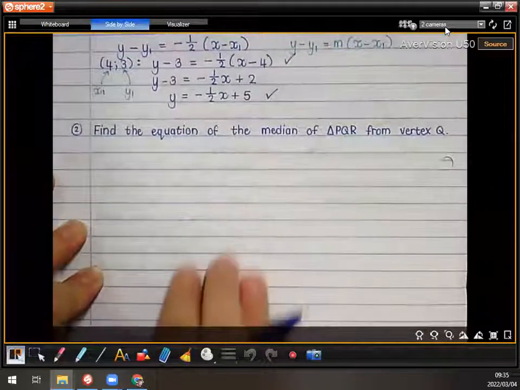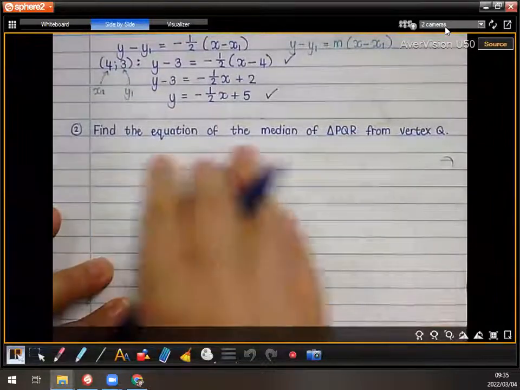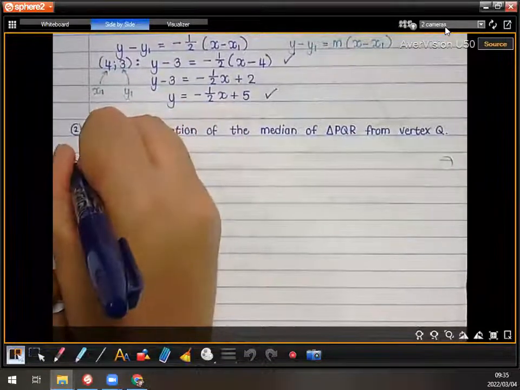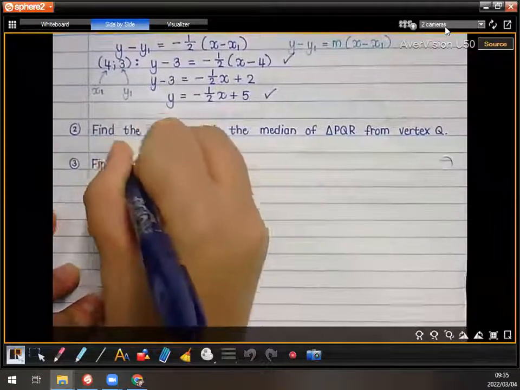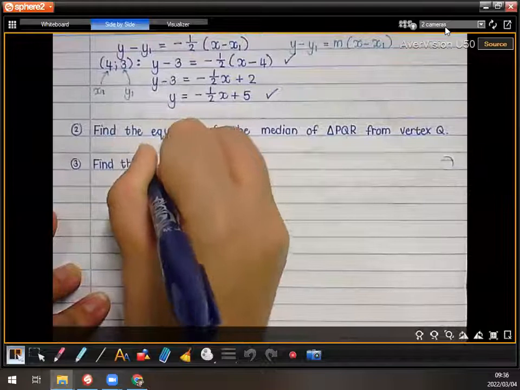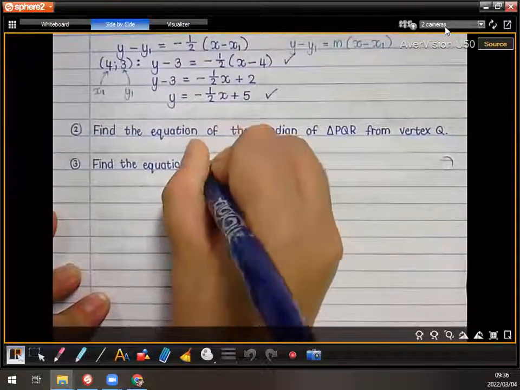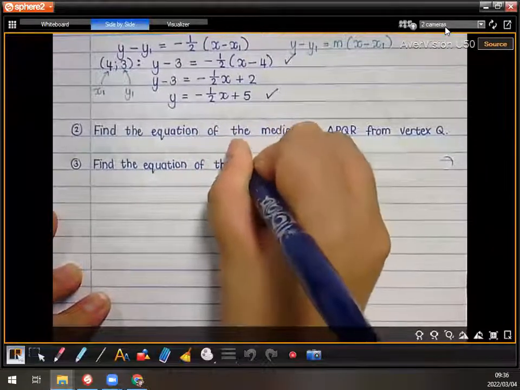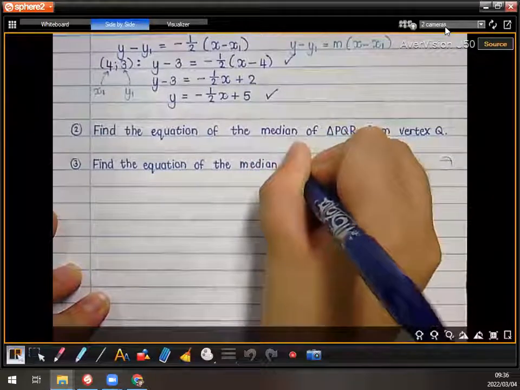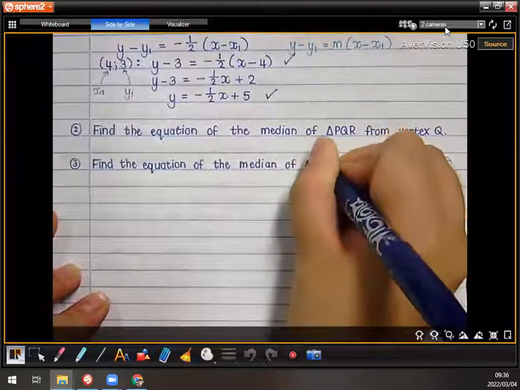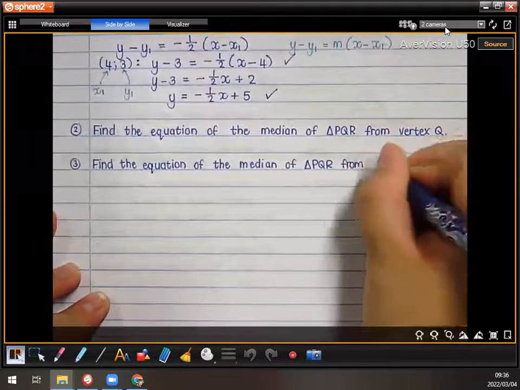Now you can just write that down and actually do the calculation, so that it follows nicely. When you're done with number 2, you're going to do number 3, which is going to be to find the equation of the median of triangle PQR from vertex R.